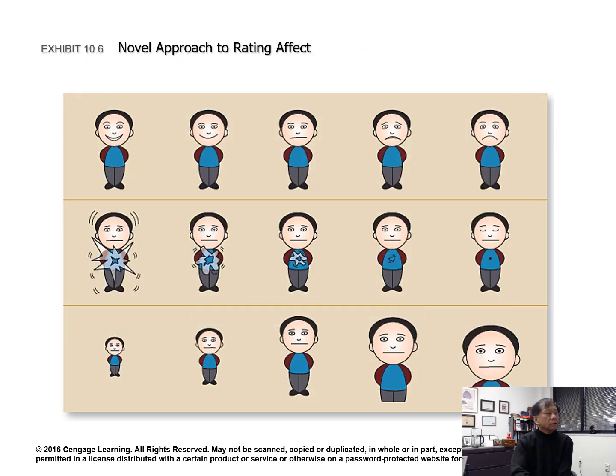There's an example here, showing happy, not happy, excited or indifferent, unimportant to important. You can use that. This is a novel approach to reading affect.